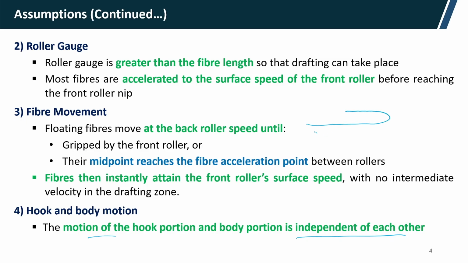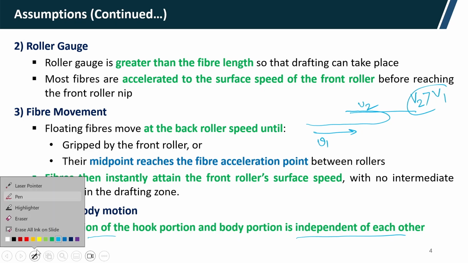Like let us consider the leading hook. So, here the body is moving at a certain speed, say V1, and the hook is moving at a different speed, V2. So, if V2 is more than V1, then only the hook will get straightened.